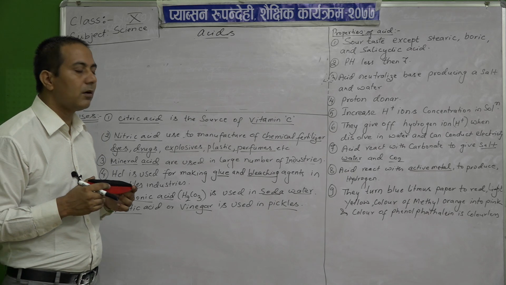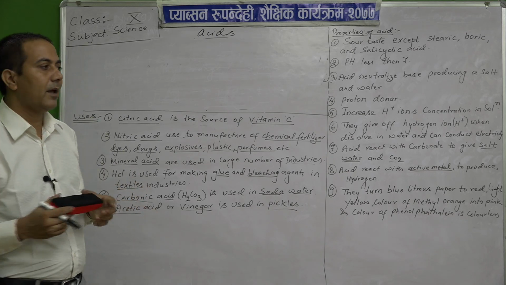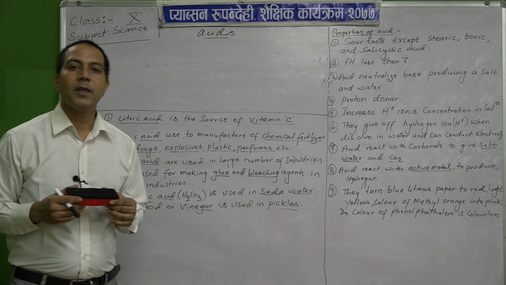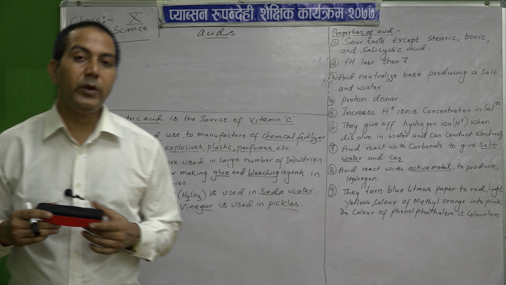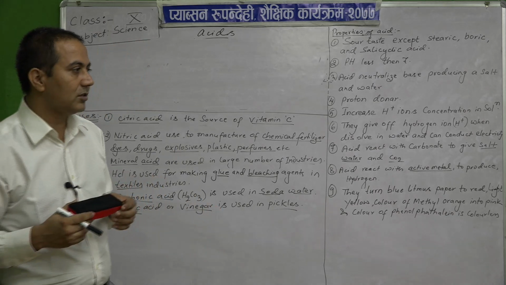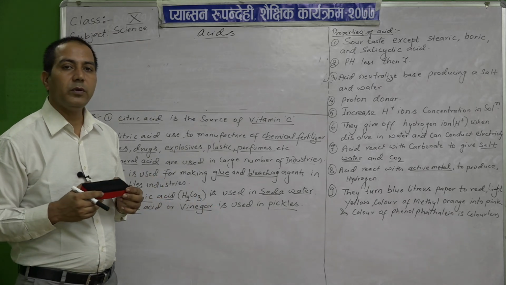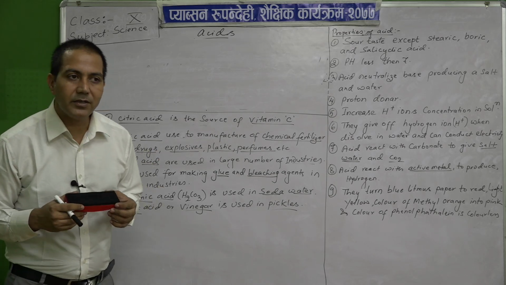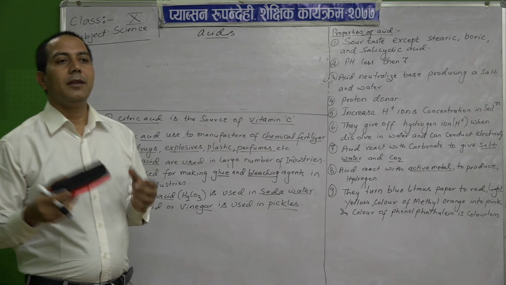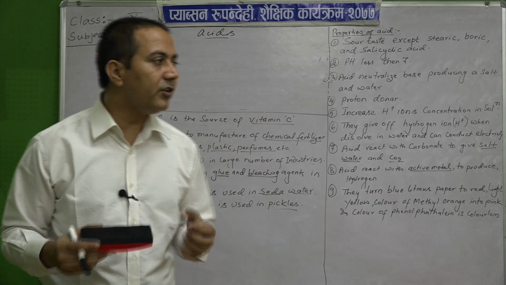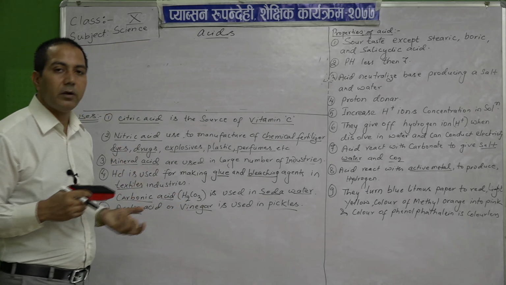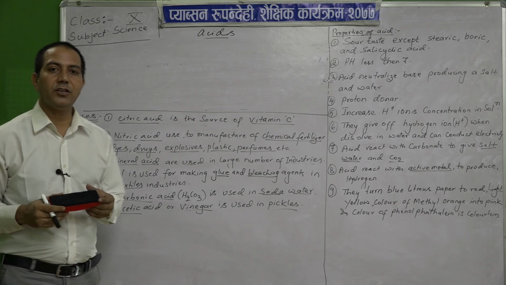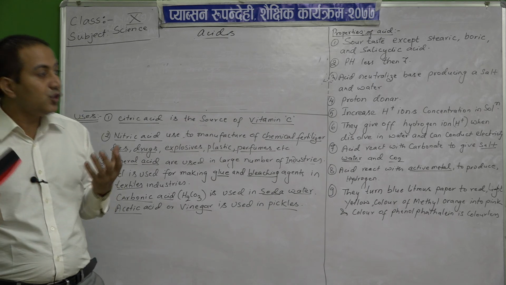The fruits which are sour in taste contain vitamin C, or citric acid mostly, and we call them the citrus family. The citrus family are plants which contain citric acid and are rich in vitamin C, and vitamin C is necessary for developing our immunity in the body. Then the next one is nitric acid, which we know as the strongest acid.